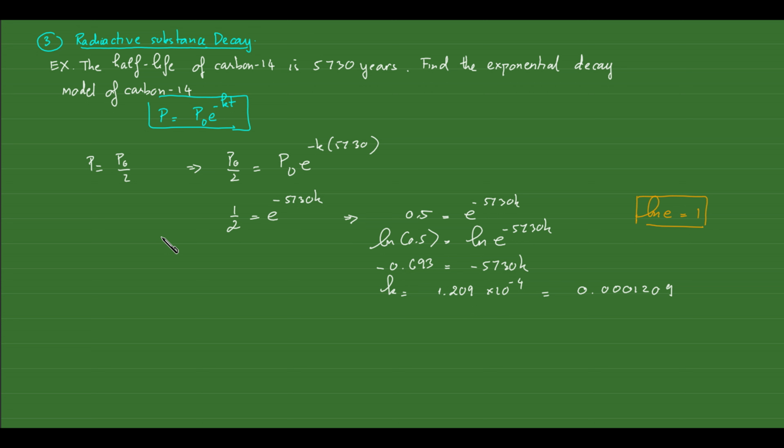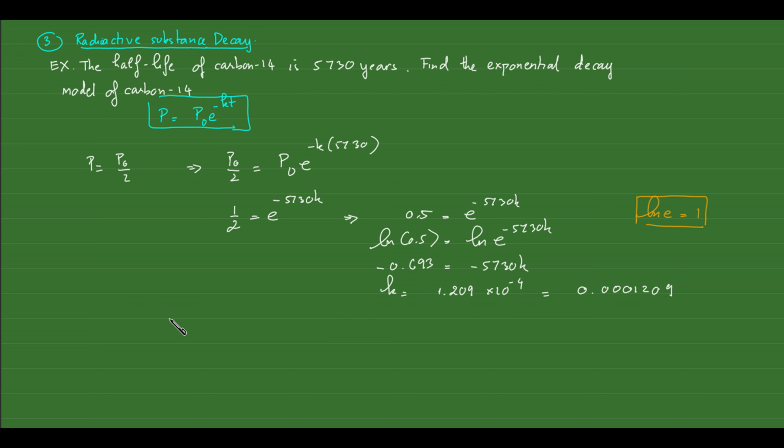Oh, but they couldn't calculate it. ln 0.5 divided by negative 5703. Alright. Yep, so that's your k. That's pretty small, but yep, I think that's what it is.